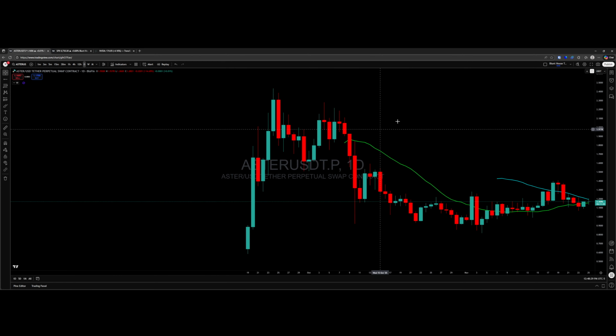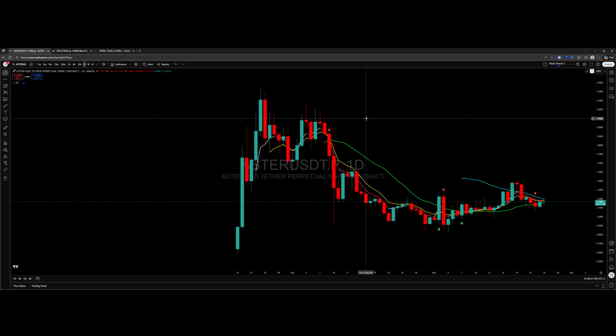Here's the Aster chart. And if you take away anything from this chart, and I'm not saying you give up on it or anything like that, but I think most people in here are feeling that this chart will eventually break out, and then you'll be kind of off to the races.